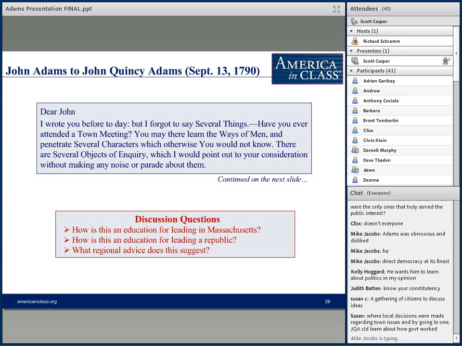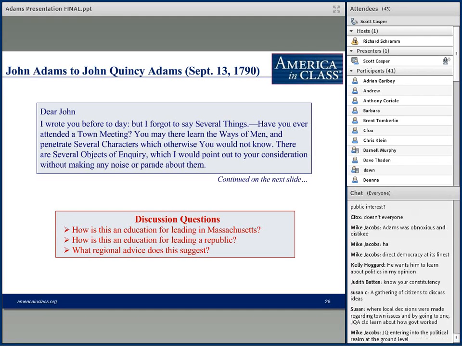Absolutely right. And I think it's also worth noting that the town meeting was a New England phenomenon. You don't see town meetings typically in the southern states. You don't even see them to any great extent in the middle states, New York, Philadelphia. People lived far apart from each other, and there wasn't this kind of politics.